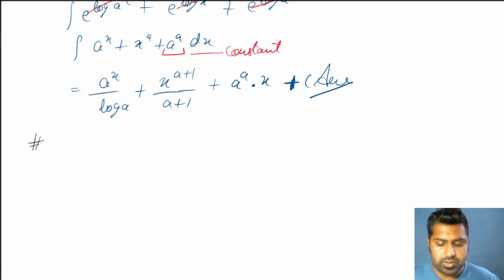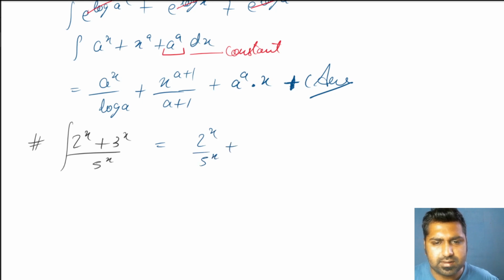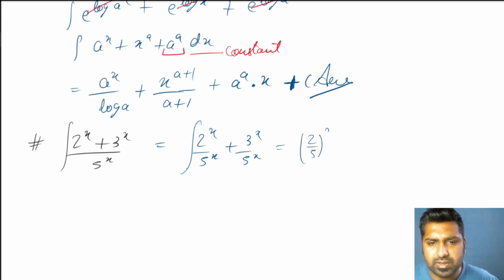Let's look at the next question. 2 raised to power x, 3 raised to power x upon 5 raised to power x. Single denominator. I think we have done it plenty for full questions now. So split it: 2 raised to power x by 5 raised to power x, 3 raised to power x by 5 raised to power x. And then combine it: 2 by 5 complete raised to power x, 3 by 5 complete raised to power x.